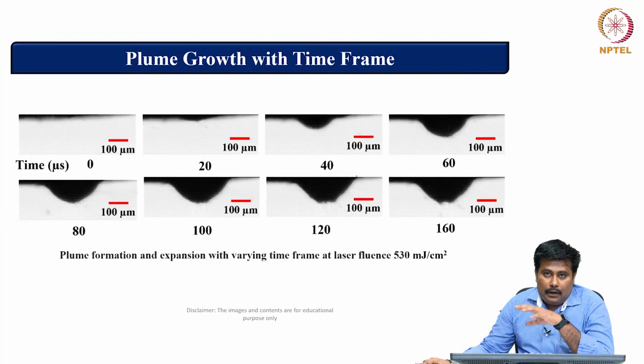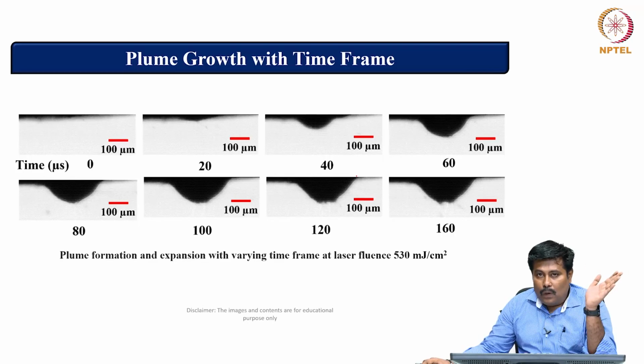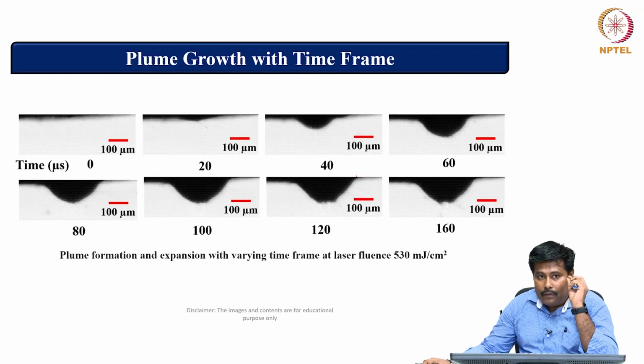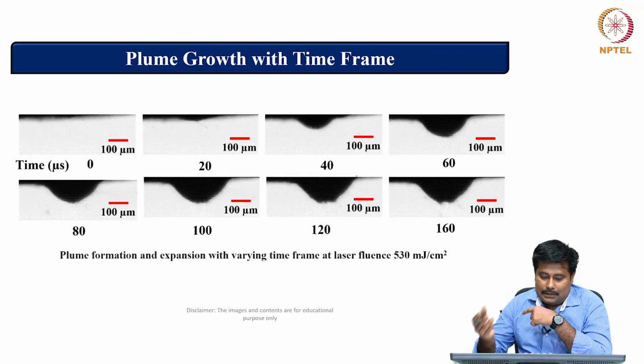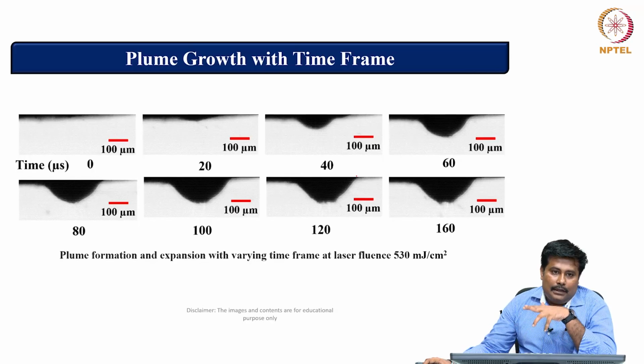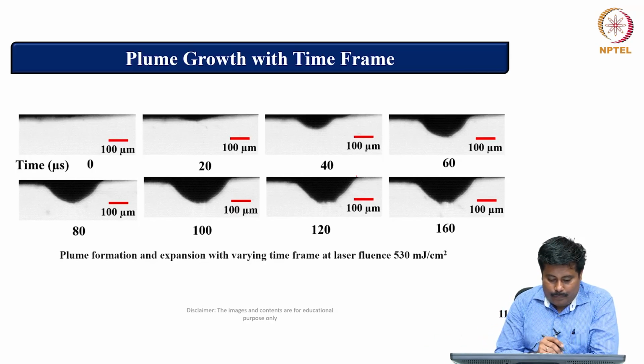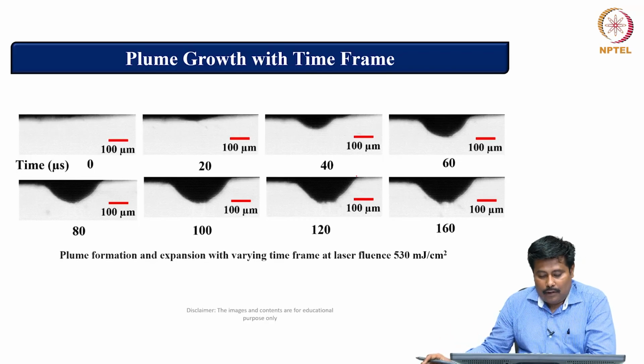Now, one of the key aspects if we try to look into it is the overall ejection mechanism. This ejection mechanism plays a vital role in understanding the transfer of the pattern structure appropriately. The pattern structure happens in such a way because of the plume formation which evolves.